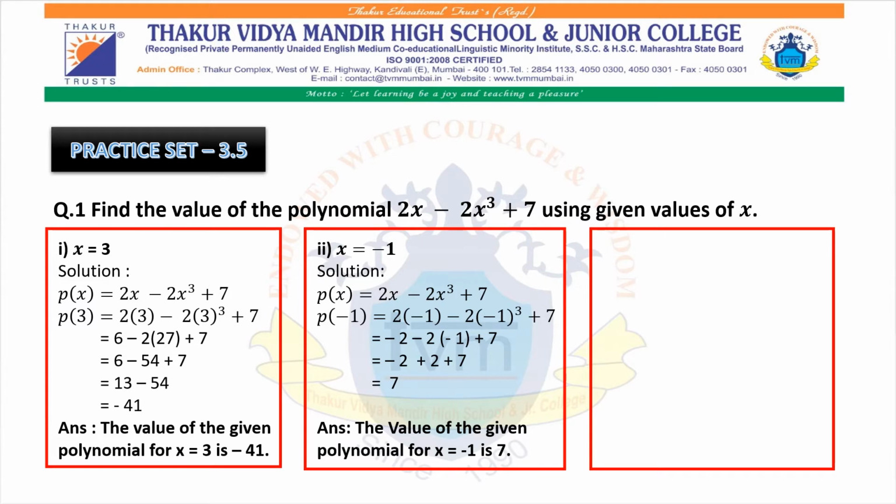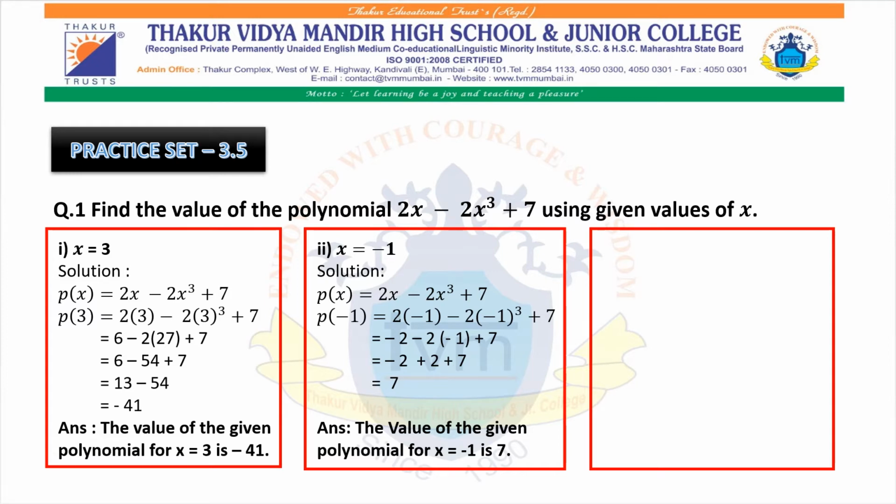Second, x equals minus 1. Solution: p of x is equal to 2x minus 2x cube plus 7. So p of minus 1 is equal to 2 into minus 1 minus 2 into minus 1 cube plus 7, which is minus 2 minus 2 into minus 1 plus 7, which is minus 2 plus 2 plus 7. Minus 2 plus 2 will get cancelled, so we get the answer 7.